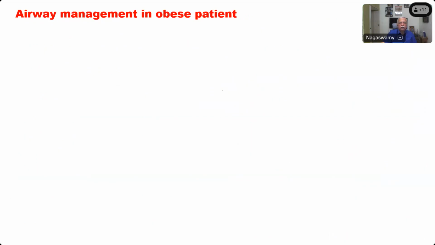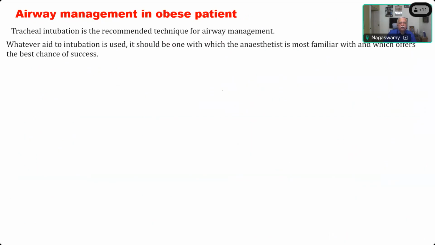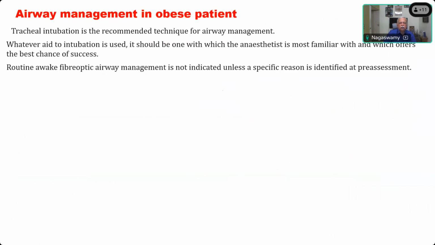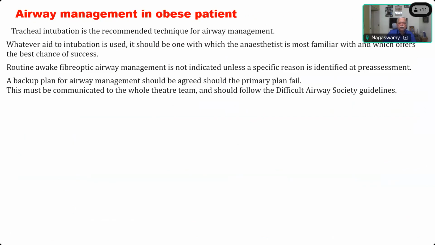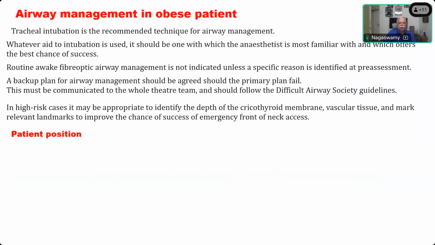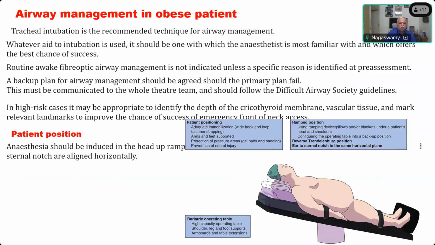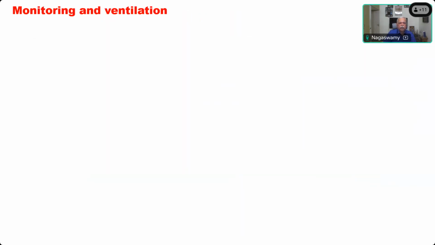And the airway management, already we have seen that it is always better to go for tracheal intubation, but of course with the availability of third generation LMAs, people are using LMA also in the management of the airway in these patients. And patient position, head and arm position, monitoring ventilation.